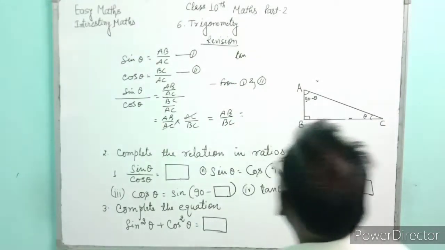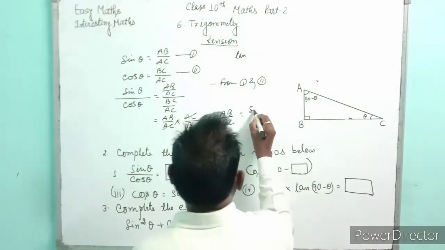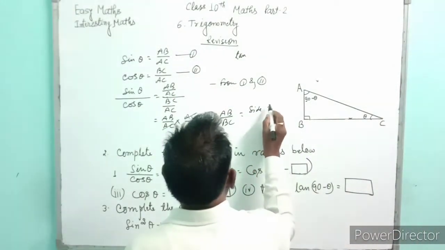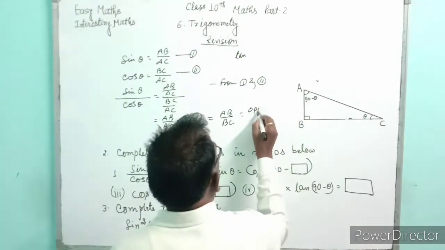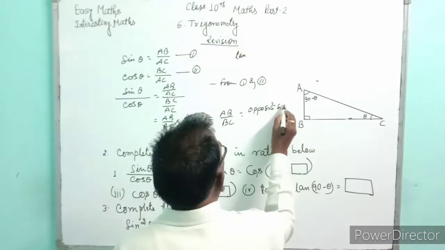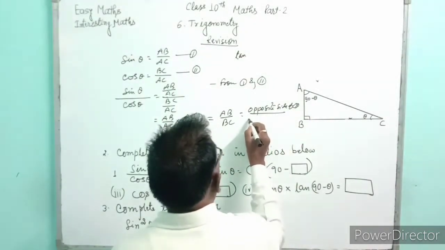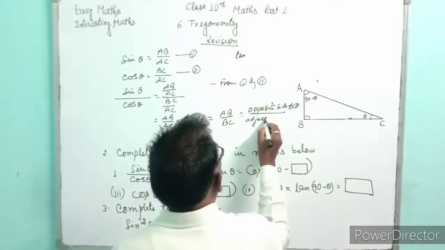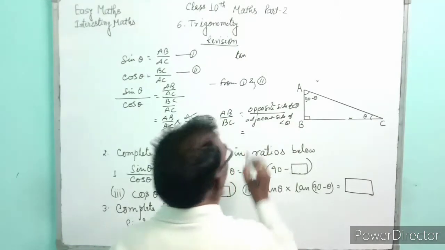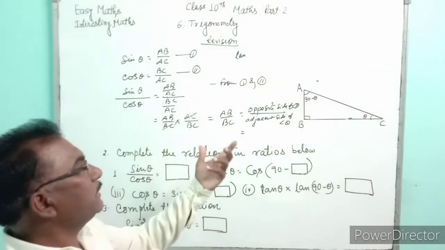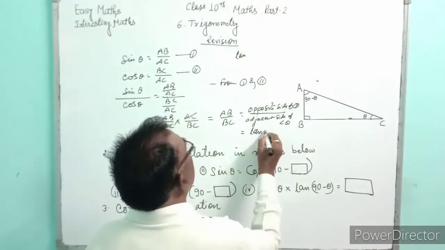But AB by BC means the side opposite to angle theta divided by the adjacent side of angle theta, and that is equal to tan theta.